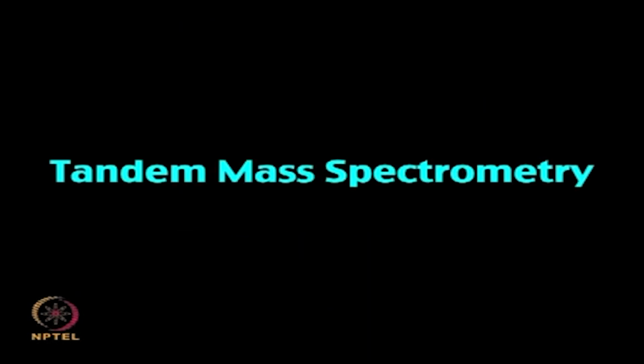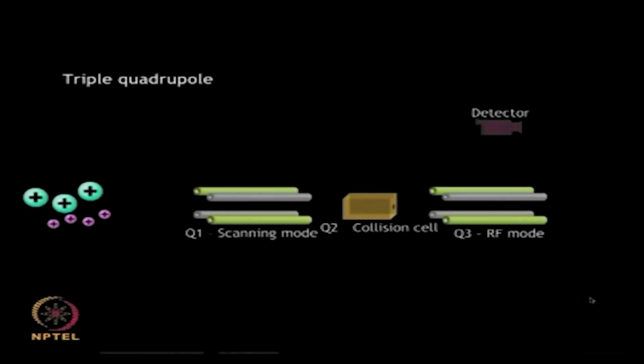Tandem mass spectrometry: the combination of various mass analyzers in tandem gives rise to tandem mass spectrometry. The triple quadrupole consists of two sets of parallel metallic rods, which are interspersed by a collision cell. The first quadrupole scans the ions coming from the ionization source and allows only ions of a particular m/z ratio to pass through.